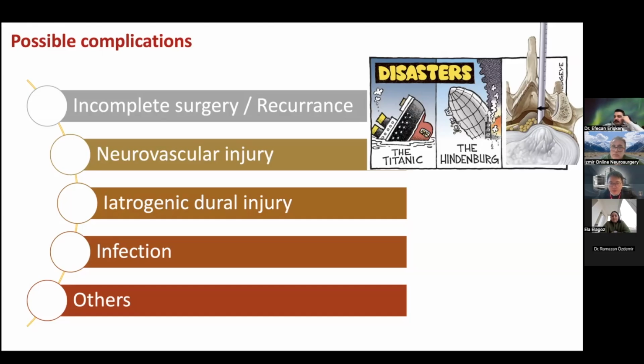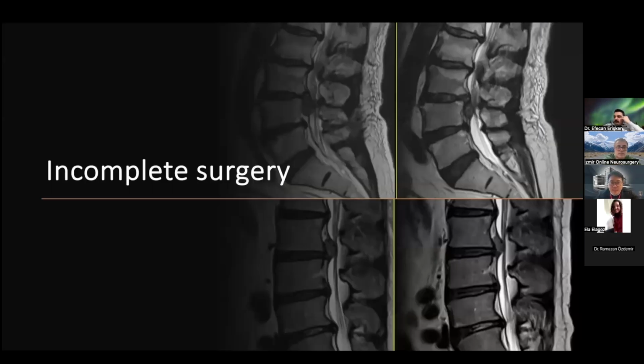Not to mention incomplete surgery or recurrences, but even more severe complications like neurovascular injuries or dural injuries, anything can happen. So let's have a step by step, more detailed look into the complications. Every image you will see in these slides, every single slide, are my cases. So I've been through all of these complications.